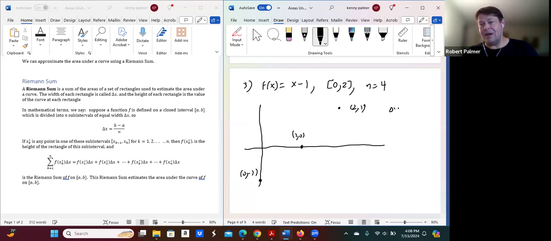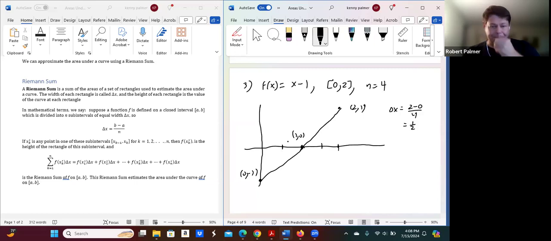Then our delta x, once again, using our formula, is going to be b minus a, so 2 minus 0 over 4. And that's just going to be 1/2 or 0.5. Okay, so we're going to have rectangles here, here, here, and here. So 4 rectangles. So first off, let's draw this function. And once again, it should be a straight line.